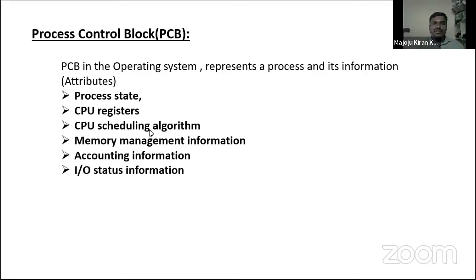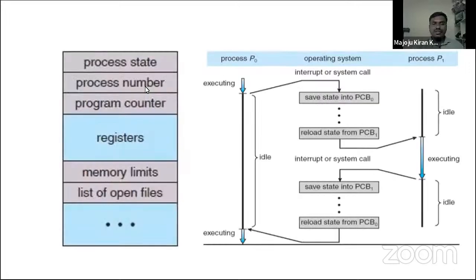Just look at this diagram. It shows the information about the PCB. As I have shown you just now, the PCB contains all these attributes: process state and the process number, which is called the process ID, and the program counter. The program counter shows the next instruction to be executed.